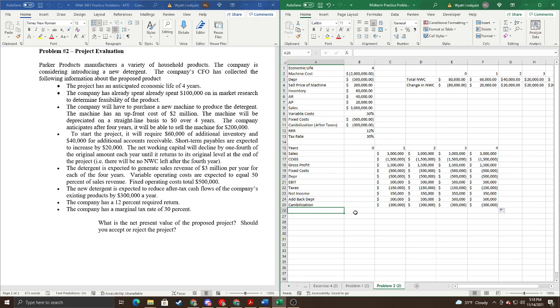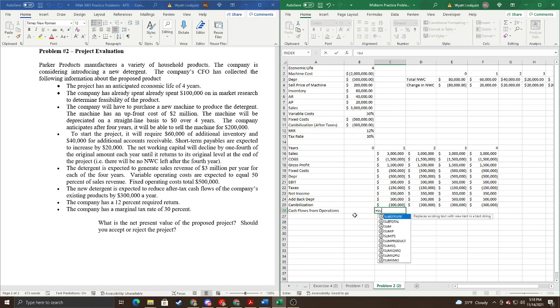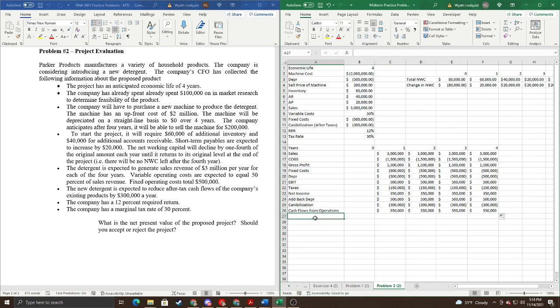And now we should get our cash flows from operations. So equals the sum of net income, the depreciation added back, and cannibalization. So we get that our cash flow from operation is $550,000. Now, that's not it.